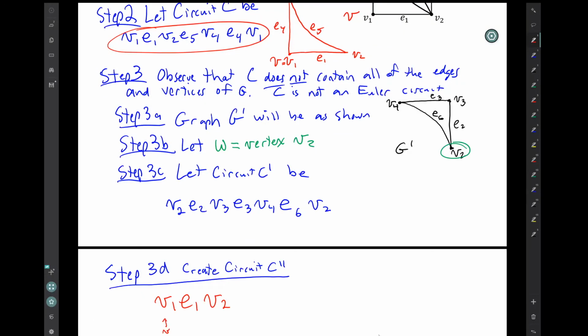So we started with V, which is vertex V1, and we followed that red circuit until we got to vertex V2.